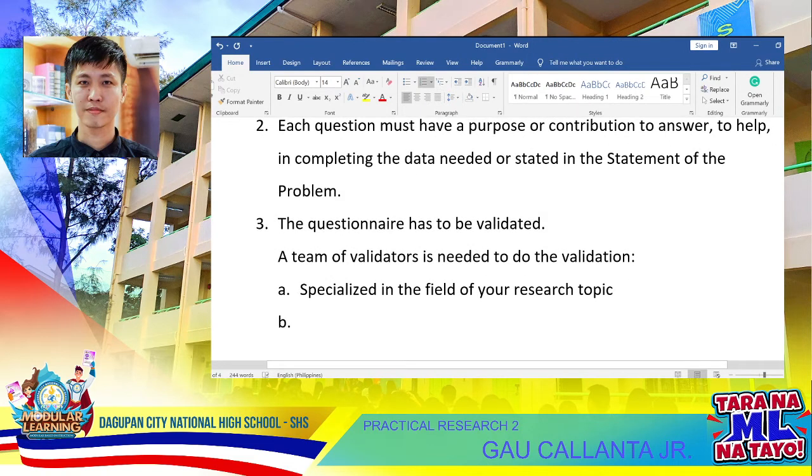Another one who is qualified to be one of the validators would be a statistician.